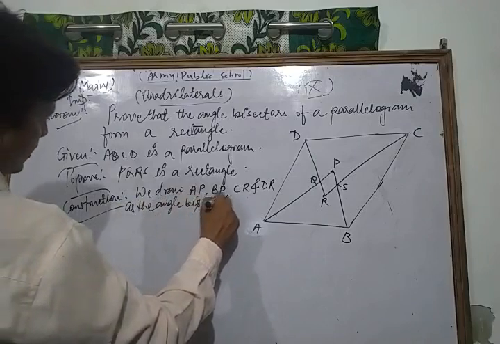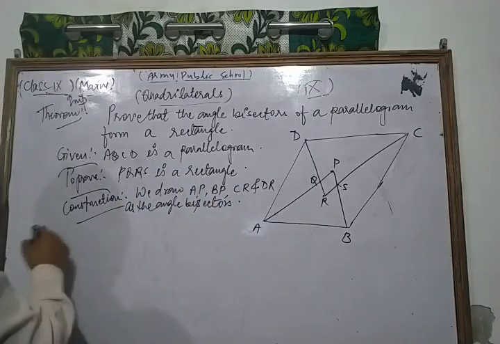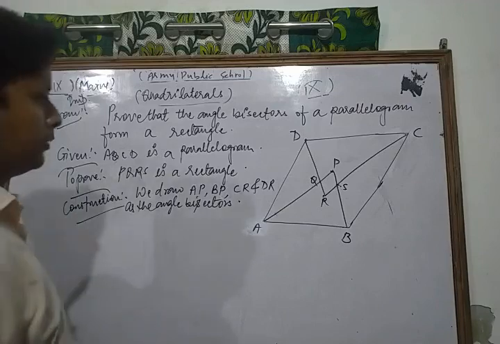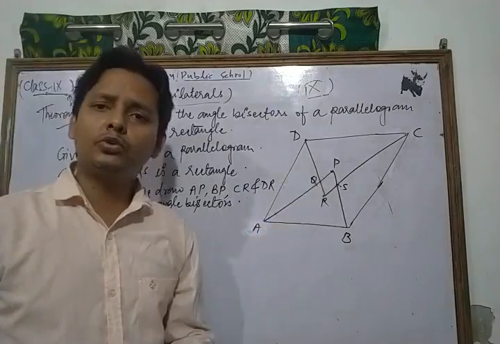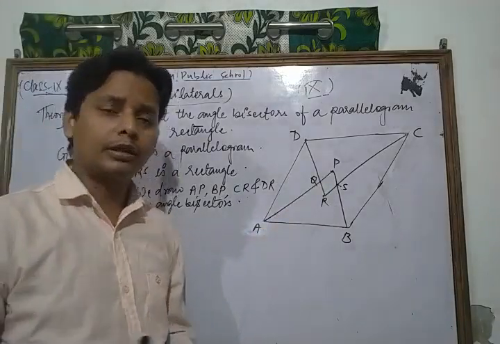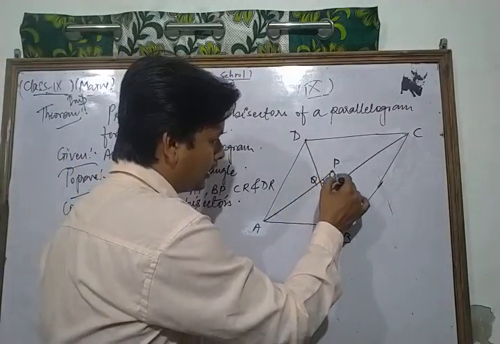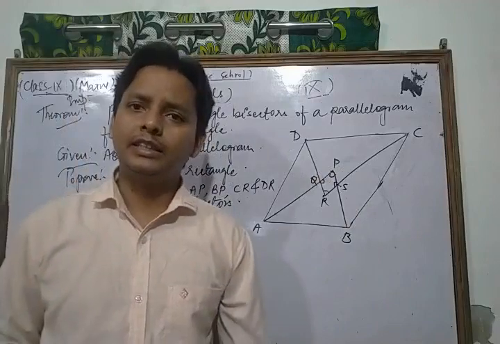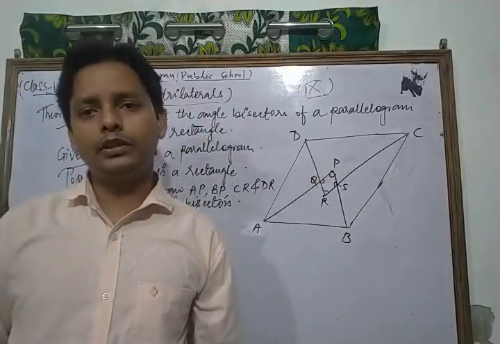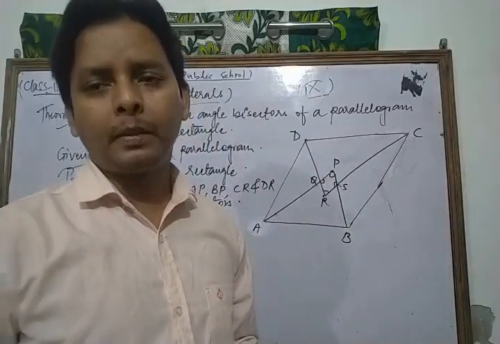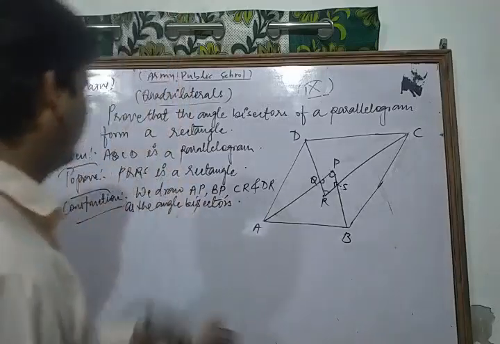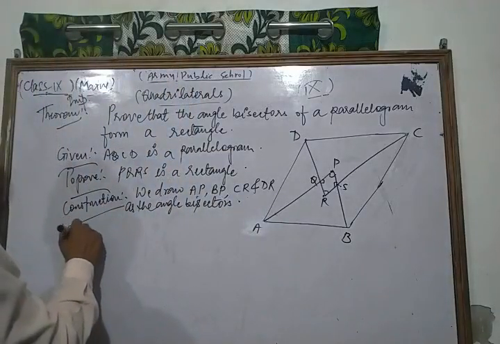Now, for proving PQRS a rectangle, we have to show that each of its angles is 90 degrees, then we can say that this is a rectangle. So for that, let's see the proof.